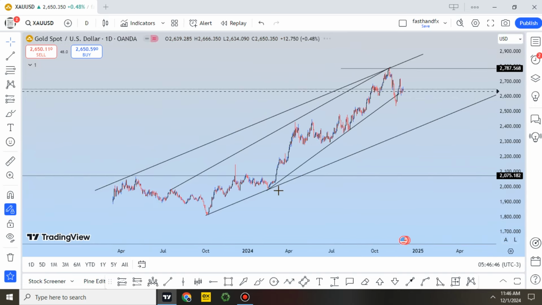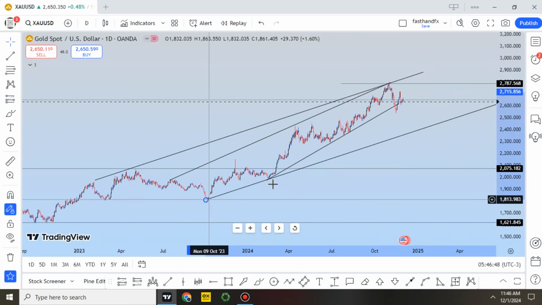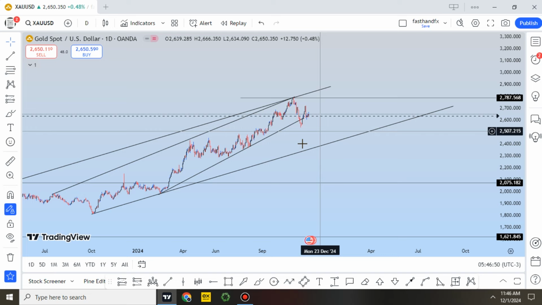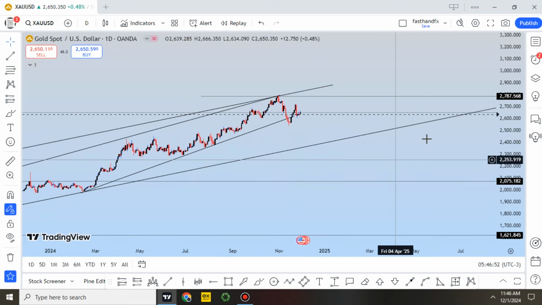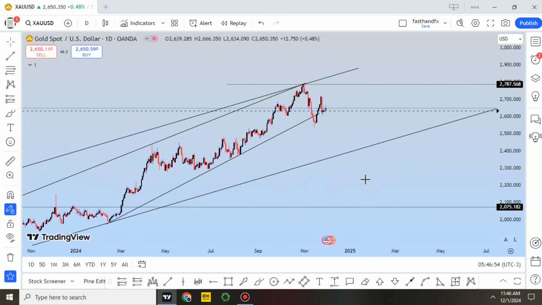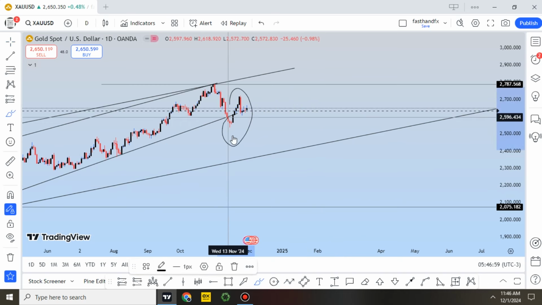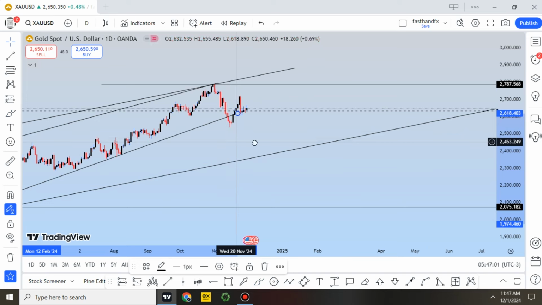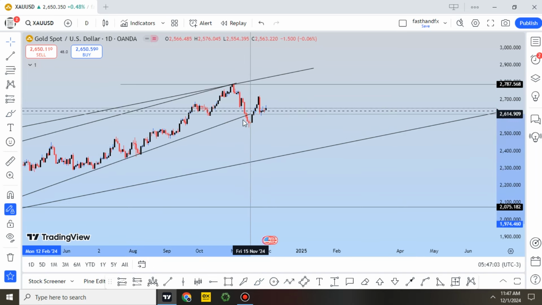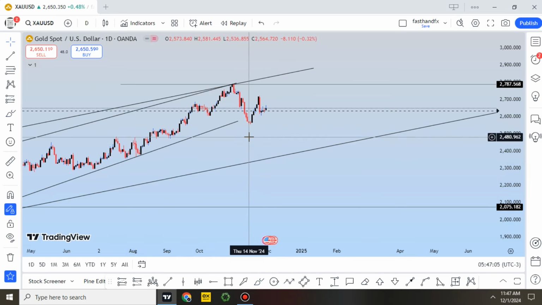But remember, from the weekly time frame, we had a touch, second touch, so we've not seen that third touch. So we should go to a lower time frame and understand what price is doing around this level right here. If we get bullish properties, then we should be looking for buys, and if we see gold giving us bearish properties, we should be looking for sells.